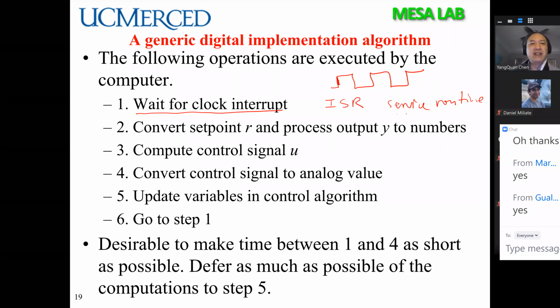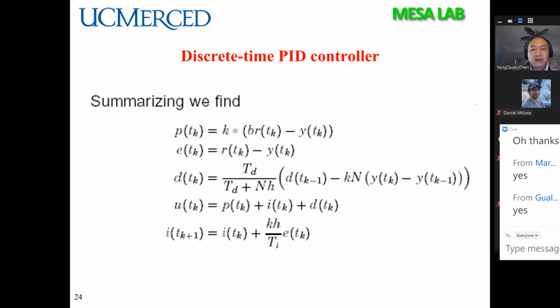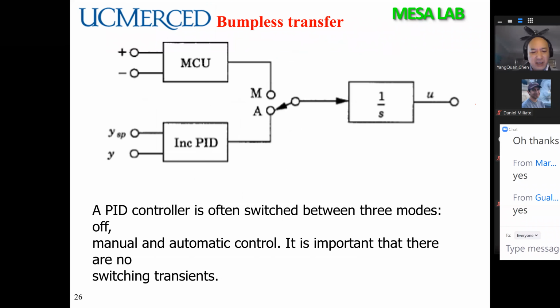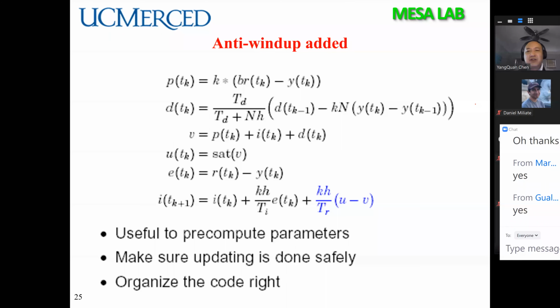Then the PID is implemented in that service routine. So this is called interrupt based. But today you are not using this interrupt based approach at all, so we don't worry about it. We'll go through this one again later. So we are going to skip this part quickly, but let you see.